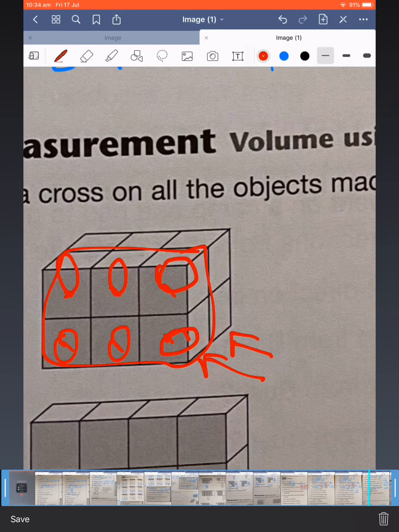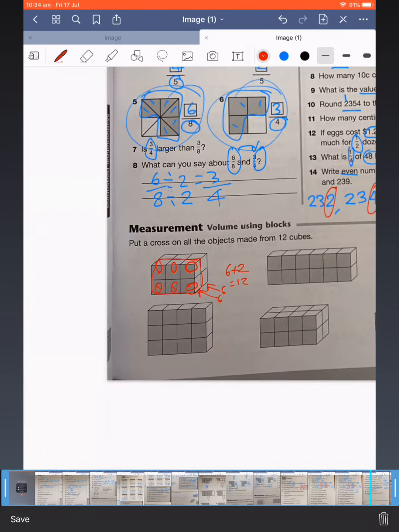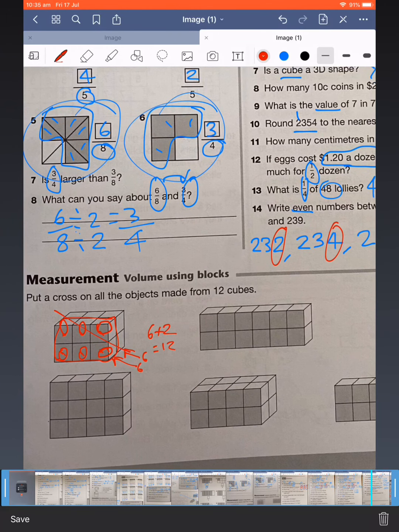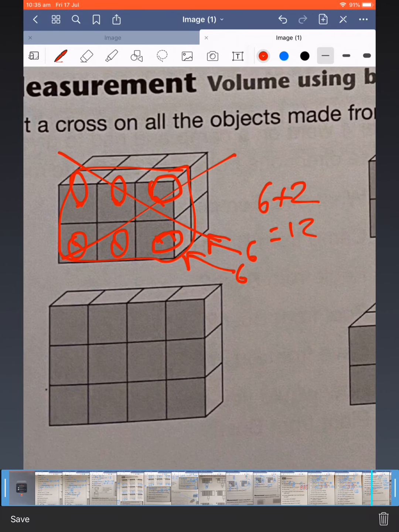So 6 from this one and 6 from this row, and that gives us 12. Oh, fabulous. That's 1. So I'll put a cross on that one. Okay, let's have a look at this one. 1, 2, 3. Oh, if I just count it, it will give us 12. Or I could have gone 4 times 3 equals 12. So that one's got 12 as well.